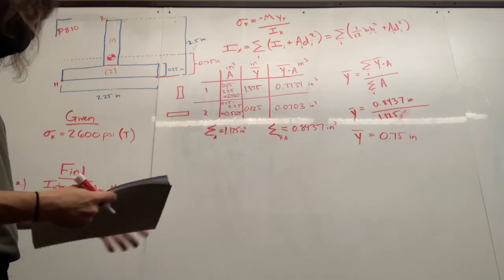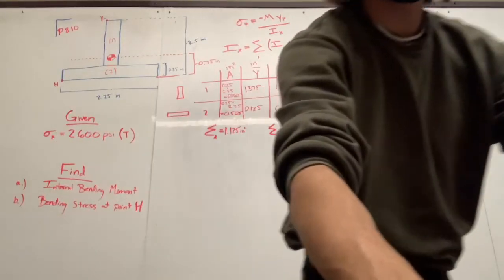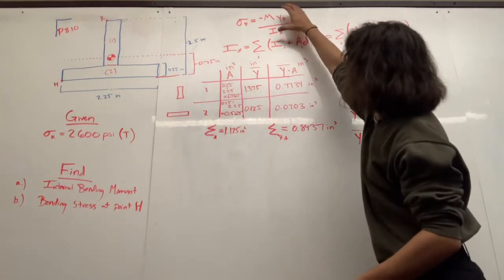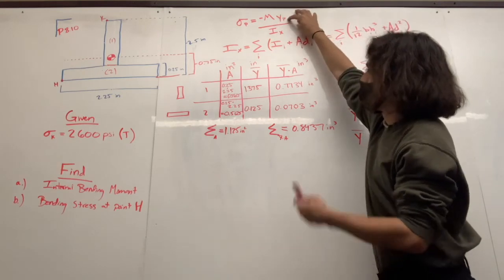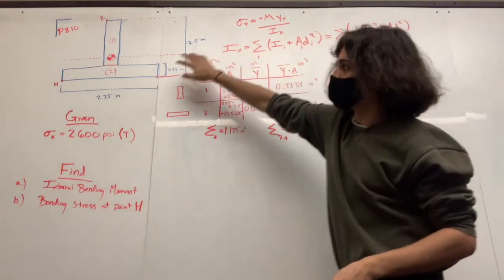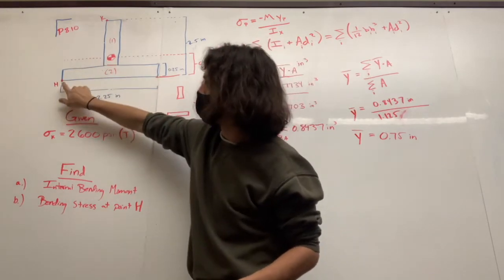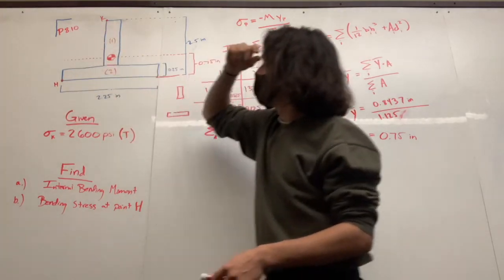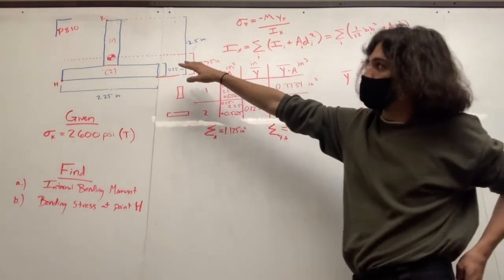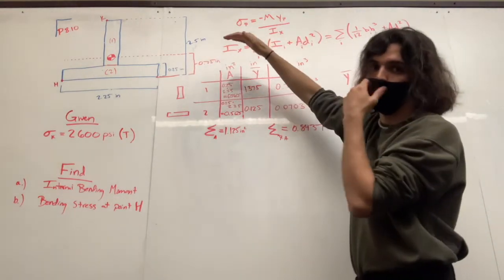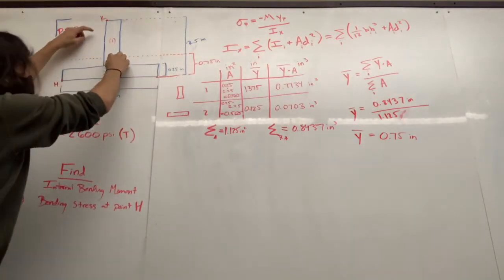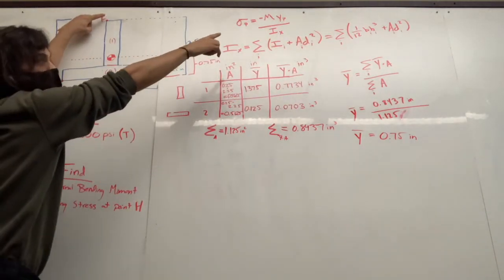Where that comes into play is in this equation right here, because of this y sub p term. This is when we're looking at a specific point on this shape. So these points we have are H and K. This y term is the distance of those points in the y direction from this centroid line. So from here to here is what that yp term represents.